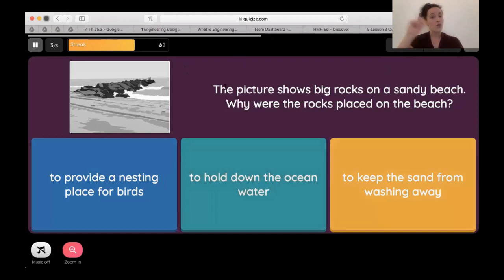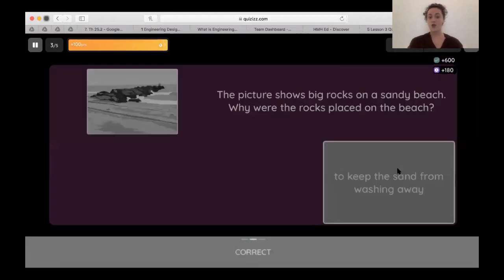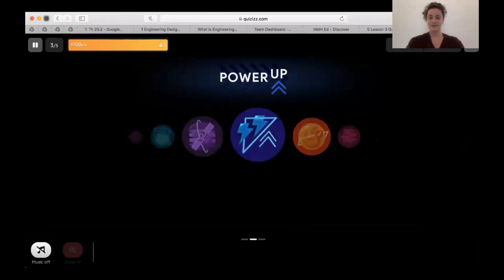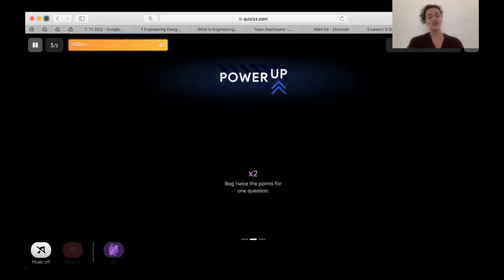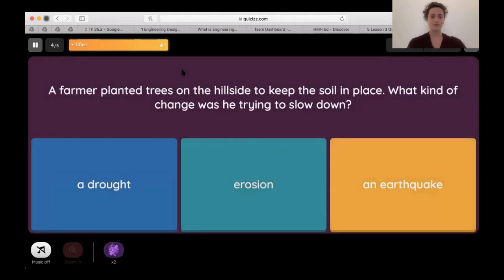It can't hold the water down, but it can hold the sand down and protect the sand from the waves. Any questions? Does that make sense? All right, that one, you needed to read carefully. A lot of people put hold the water down, but that doesn't make any sense.